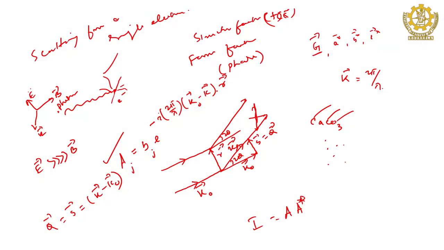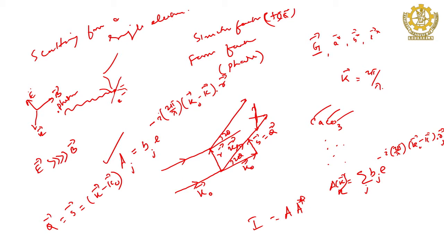Now what is your A k, the amplitude, when there is a group of electrons like this? Obviously, it is the sum over j of b j times e to the power minus i 2 pi by lambda times k0 minus k dot r vector, r j.